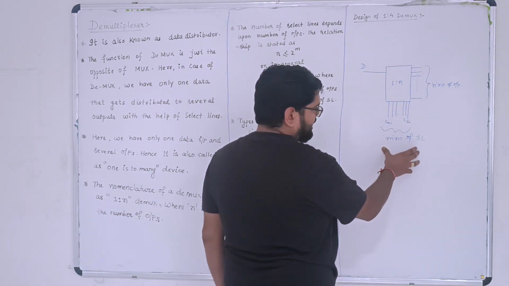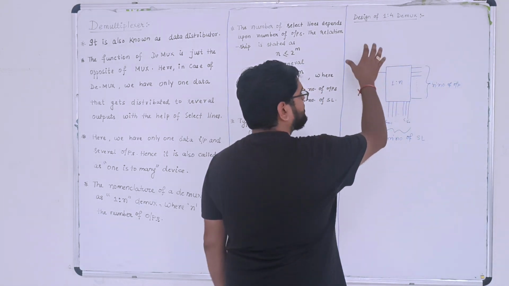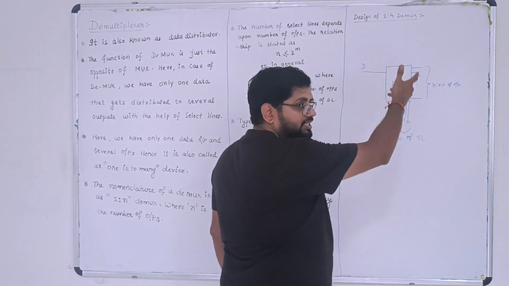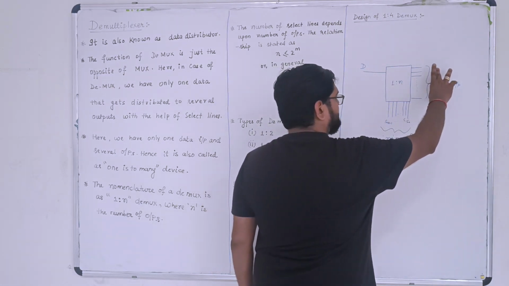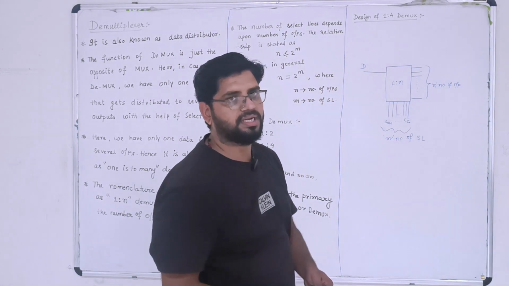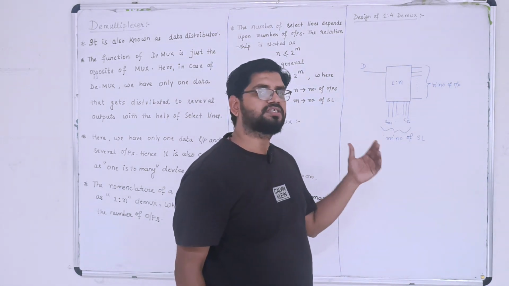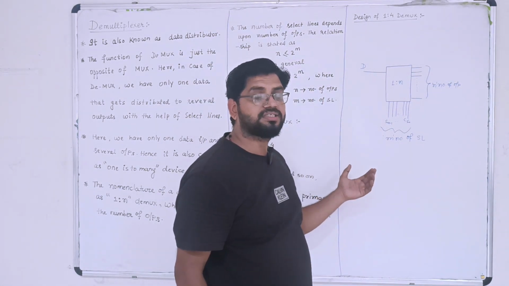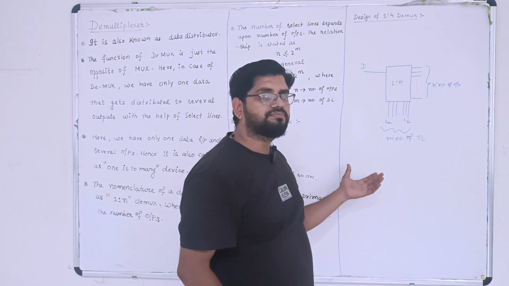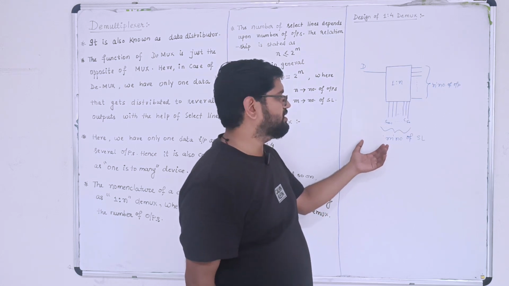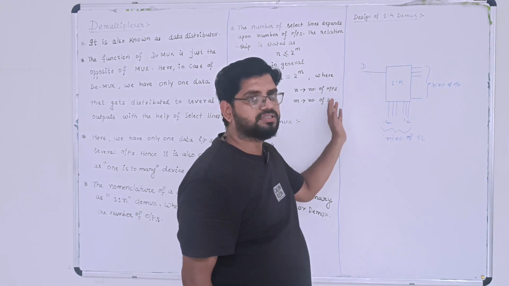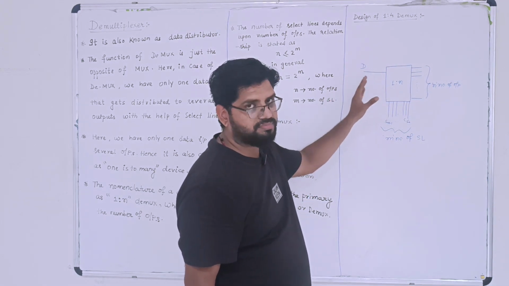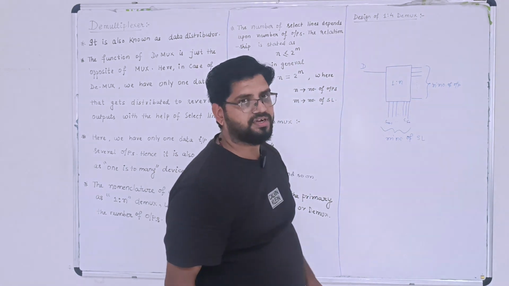The number of select lines depends on the number of inputs in the multiplexer, but on the number of outputs in the demultiplexer. These are the basic differences between a multiplexer and a demultiplexer, which often come as a question in semester examinations: what is the difference between MUX and DeMUX. By using the concept I have just told you, you can differentiate them.